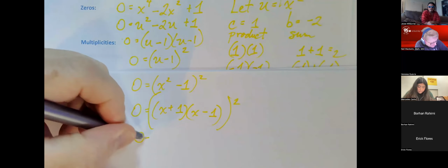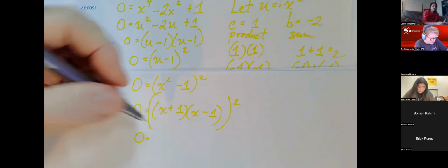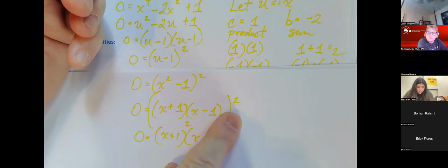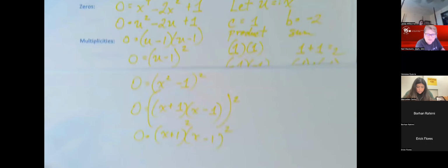But how many x plus 1 factors do we have? Remember, the whole thing was squared. So we've actually got 2 of each.